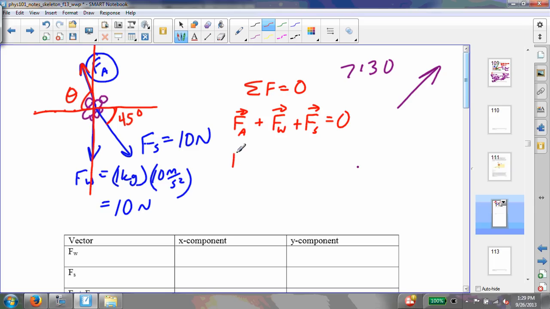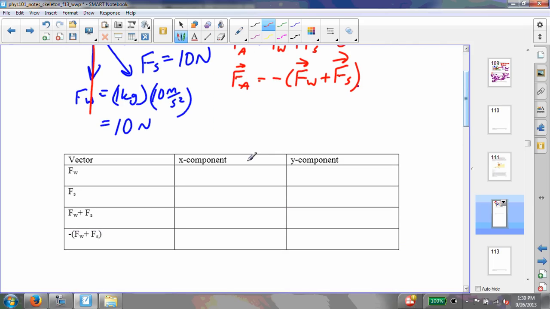So then I can say that Fa has to equal the exact opposite of the sum Fw plus Fs. So if I want to find the vector Fa, that is the force of the air resistance that's pushing on this squirrel, then I just need to do the vector sum of Fw and Fs. And this goes back to what we did in chapter, what was that, 3, where we added vectors.